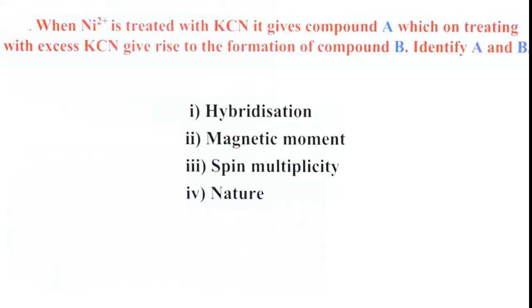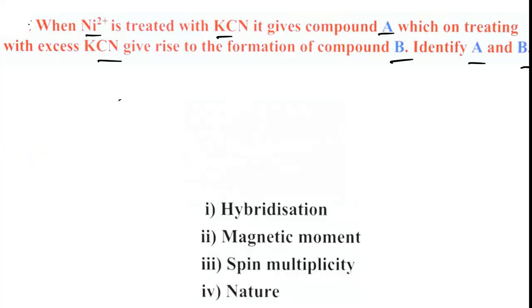Let us work out this problem. When Ni2+ is treated with KCN, it gives a compound A, which on treating with excess KCN gives the formation of compound B. Identify A and B. Listen here. What happens?